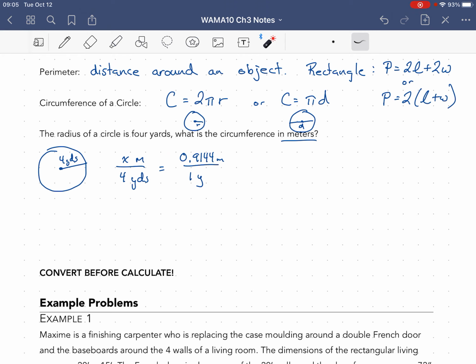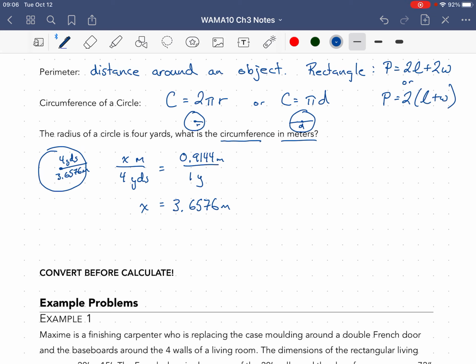So I do 0.9144 times 4 is equal to 3.6576 meters. Now I can keep this number in my calculator for use later.